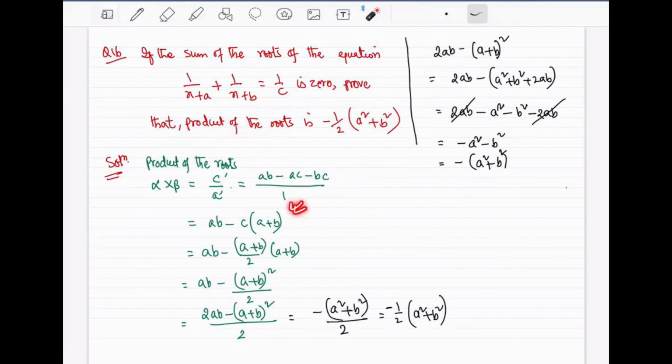What did we replace? Instead of the value of c, we replace it as a plus b by 2 from equation number 1. So here, just write by equation 1, c is equal to a plus b by 2. That's why we are putting the value of c. And then finally, we are able to obtain this minus half a square plus b square.